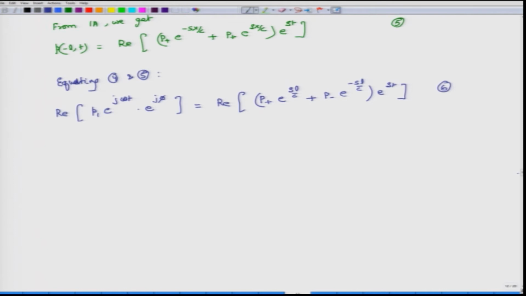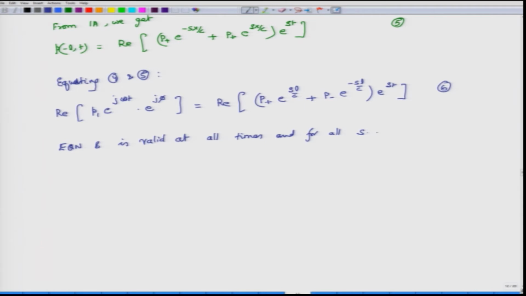Now, once again, equation 6 is valid at all times and for all s. It is valid for all s and for all times.